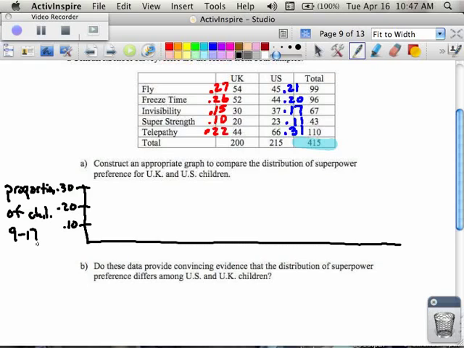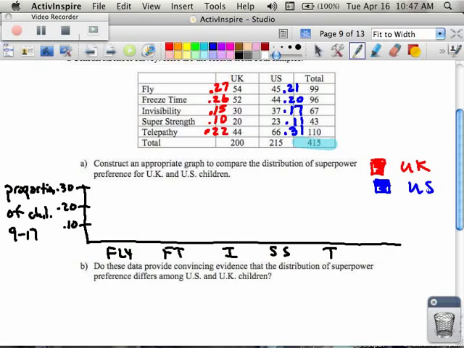And then I probably should do each of the different kinds. So there was flying, there was freeze time, there was invisibility, super strength, and telepathy. And I should have a key, and since I used red and blue, the red will represent the UK, and the blue, you can use different things, like if you don't have colors, you could obviously do like stripes and circles or something, will be the US.